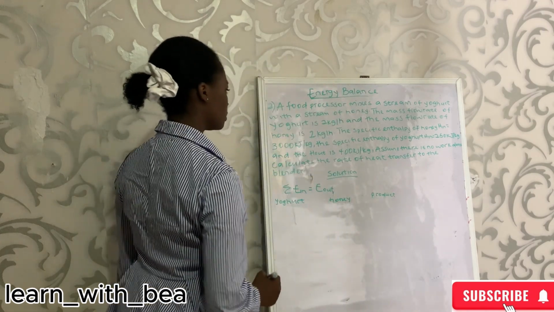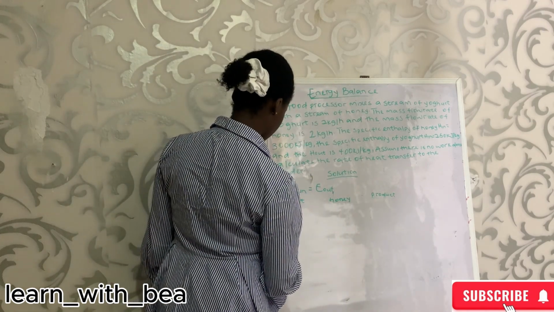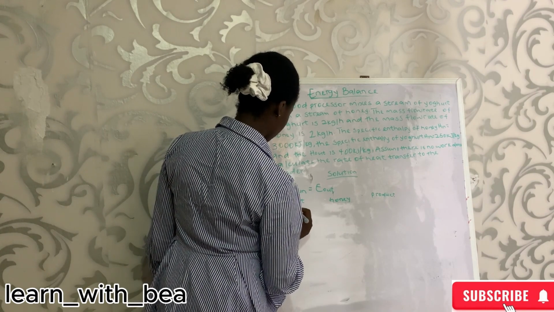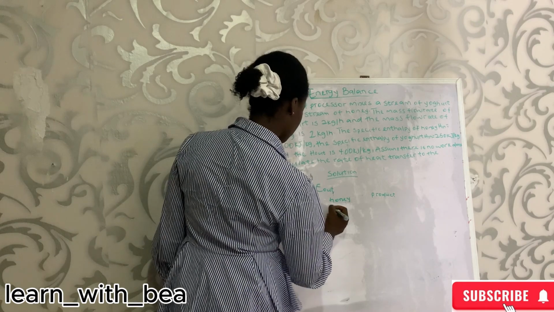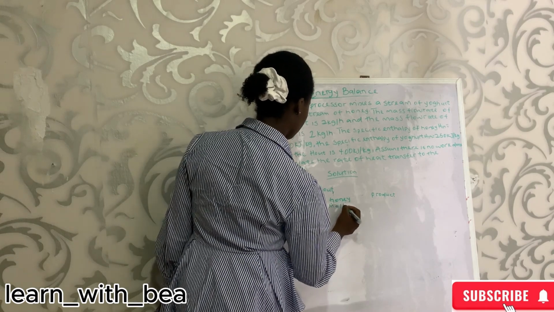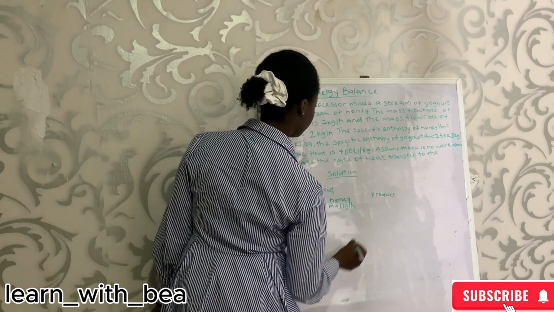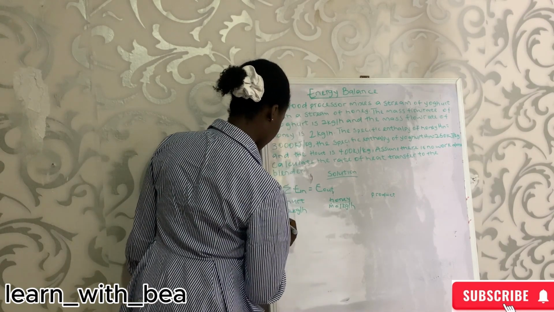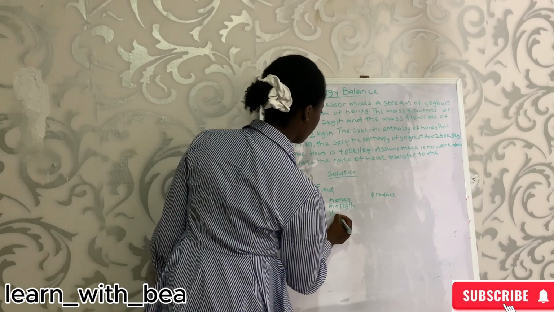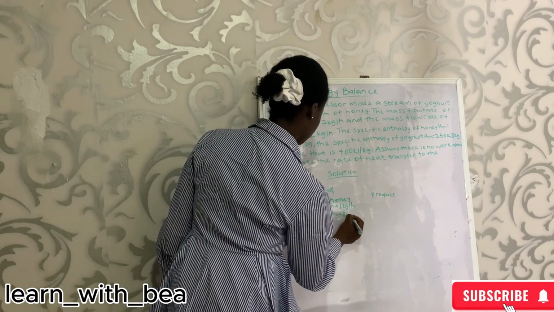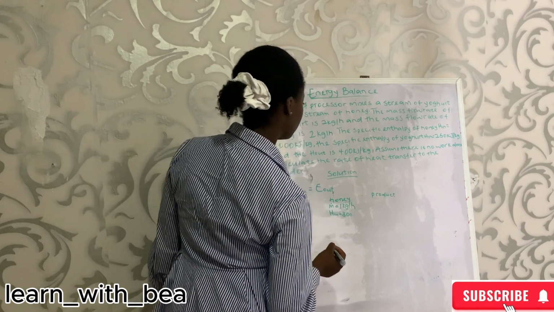For yogurt, we're given mass flow rate, which is 2 kilogram per hour. For honey, mass flow rate, which is 1 kilogram per hour. Specific enthalpy of honey, 3,000. Is it 3,000 or 300?